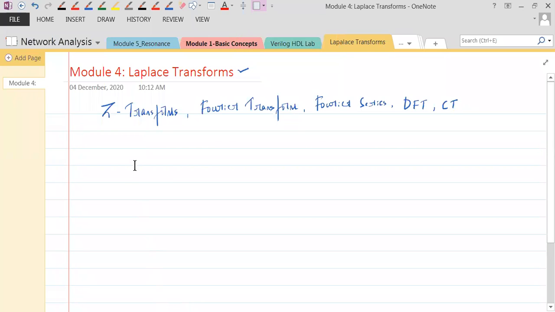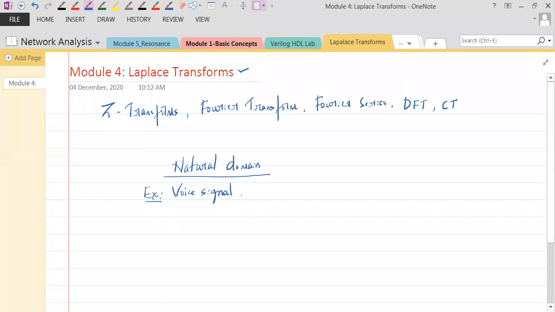Okay, what they do is, see, whatever we do, let's call it the natural domain. What is natural domain? Natural domain is the voice signal.